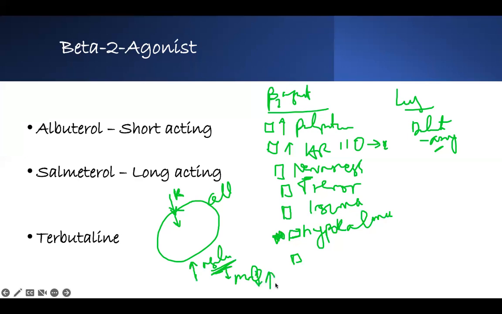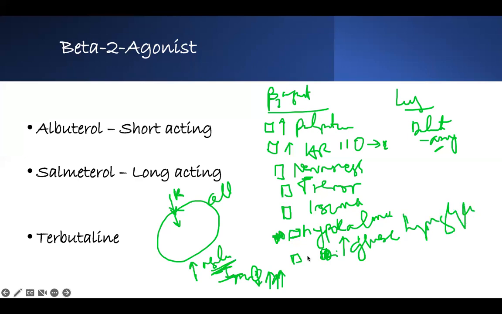You may have to increase the dose because you need more insulin to get rid of your sugar. So I can put it like increased glucose. So their glucose goes up. So they will have high glucose. So hyperglycemia, basically, hyperglycemia.